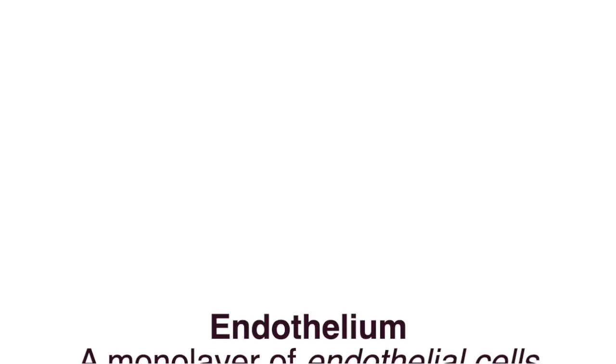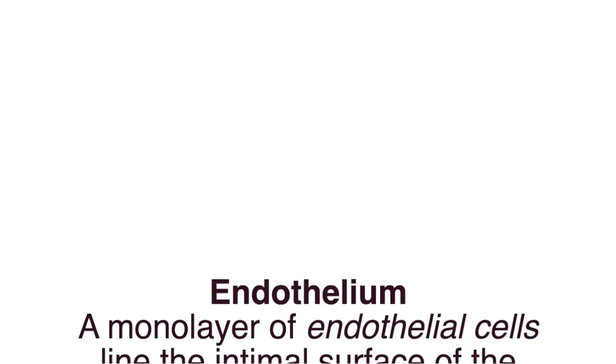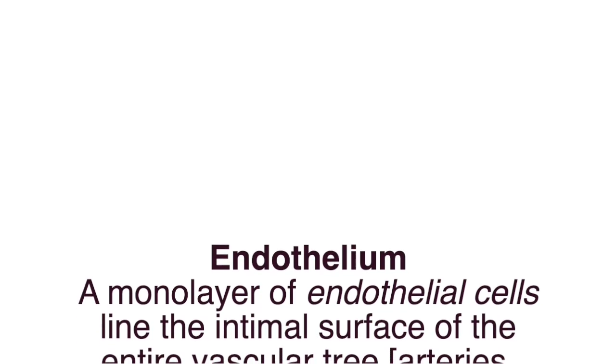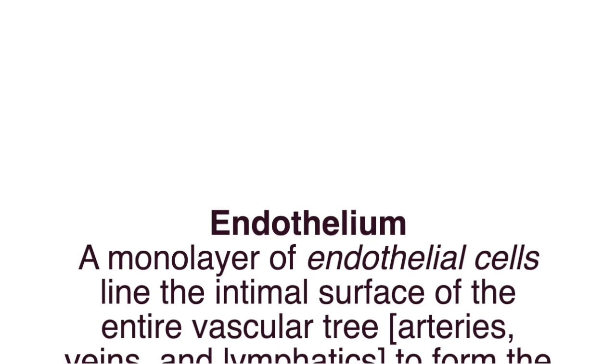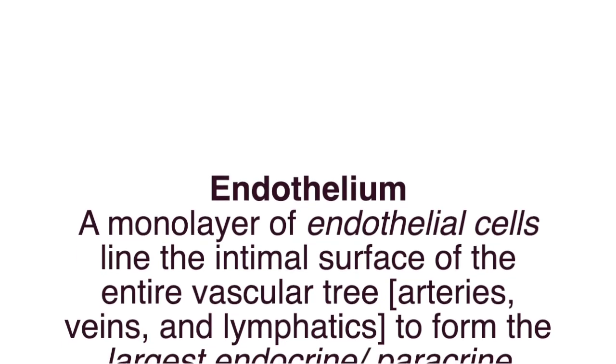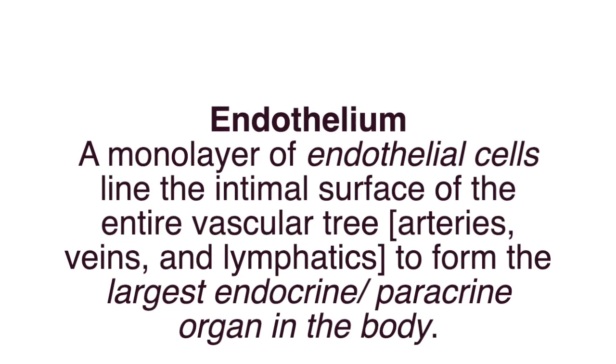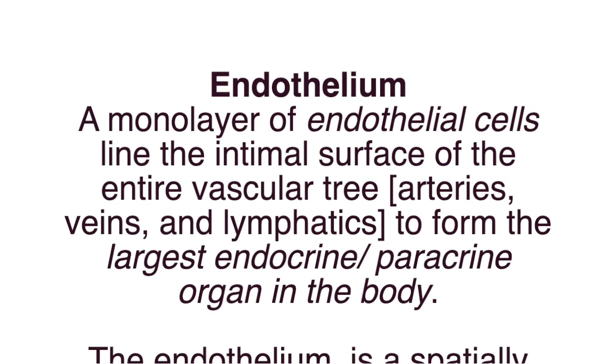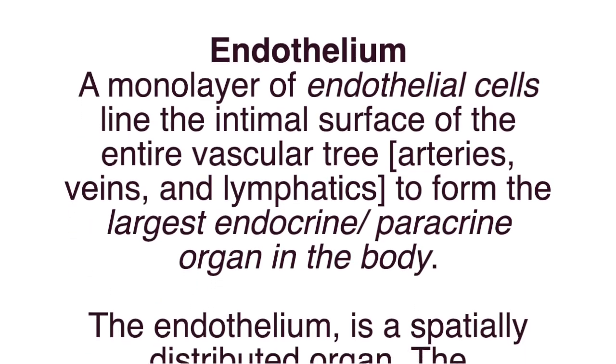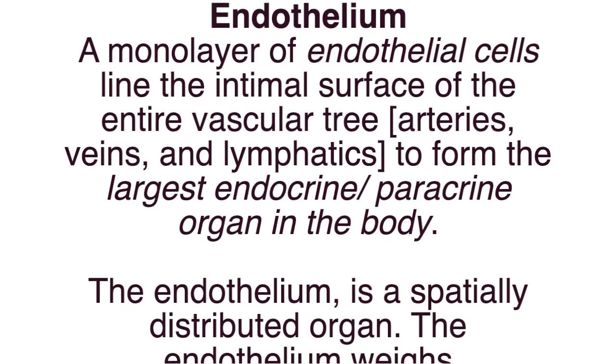Endothelium. A monolayer of endothelial cells lines the intimal surface of the entire vascular tree, arteries, veins, and lymphatics, to form the largest endocrine or paracrine organ in the body.